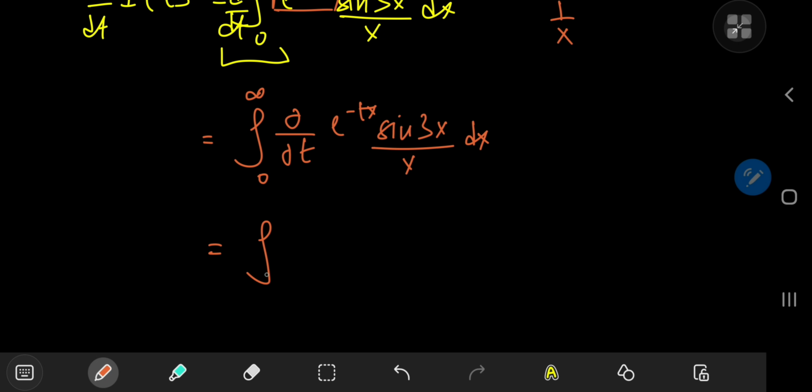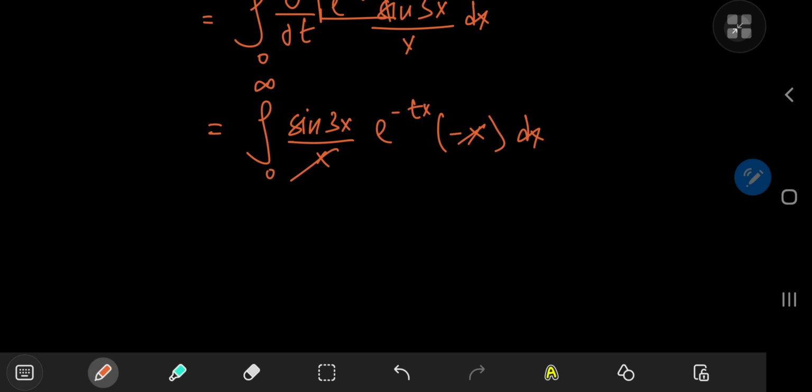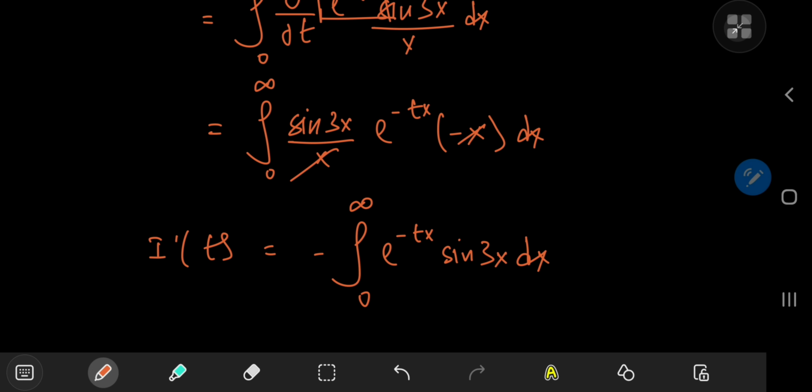Now, because we're differentiating partially with respect to t, the x terms are constant, so we have sine 3x by x times the derivative of this exponential term, which is just the repeated function, times the constant in the t world term, negative x that is, and the x terms cancel out pretty nicely, so the derivative of I with respect to t equals the negative of the integral from 0 to infinity of e to the negative tx times the sine of 3x dx.